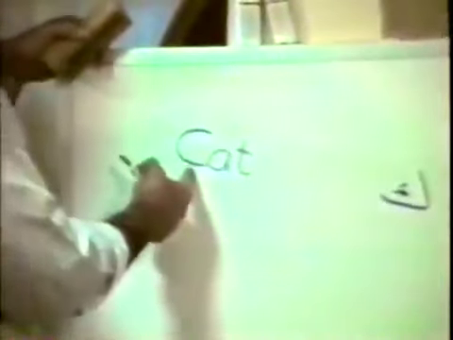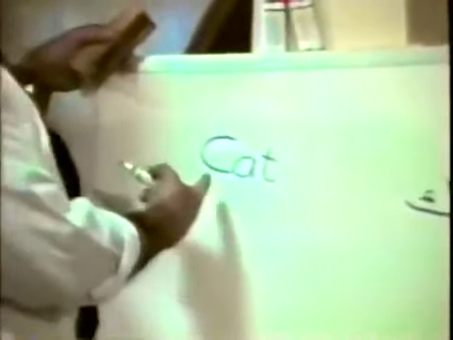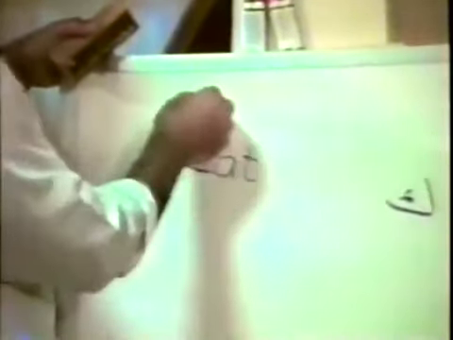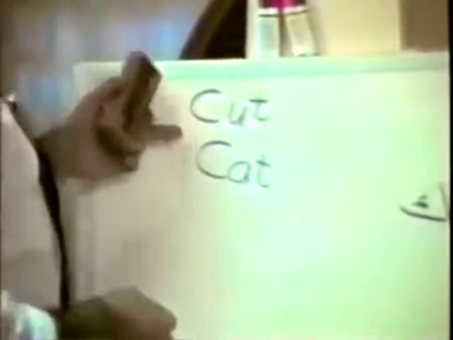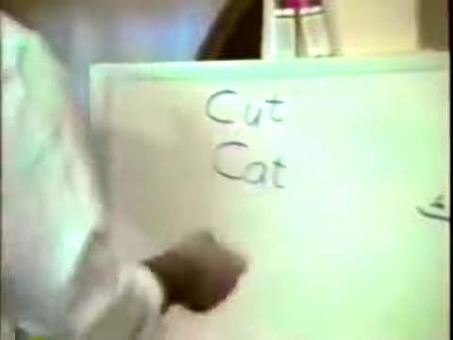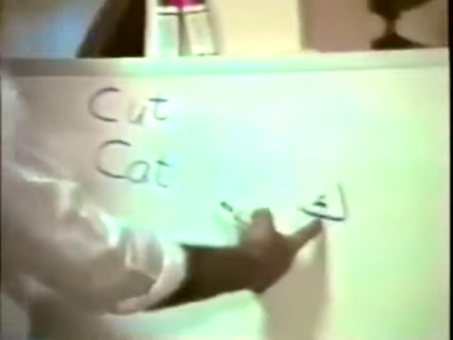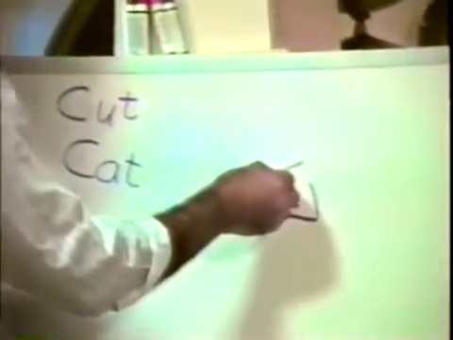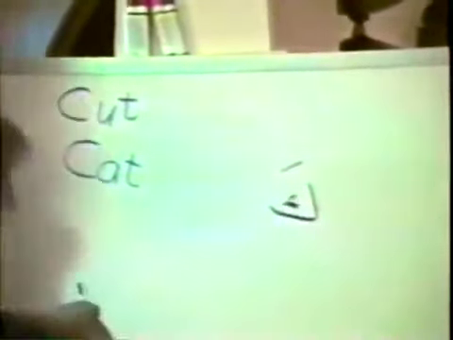Now, what if we have a long vowel? Like, for example, in cat. Of course, this is K in Arabic, not C. So there is the word cat and there is the word cut. How do you make a difference between cut and cat? Well, to give the letter K the direction ka as in cut, you just put a slanted dash, as I told you, on top of the letter.